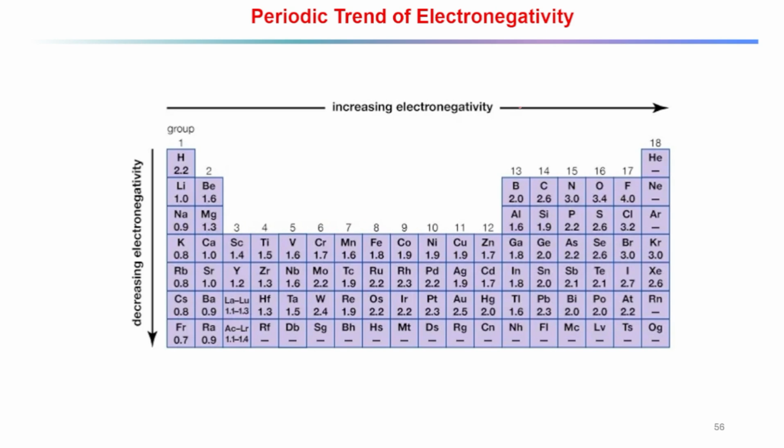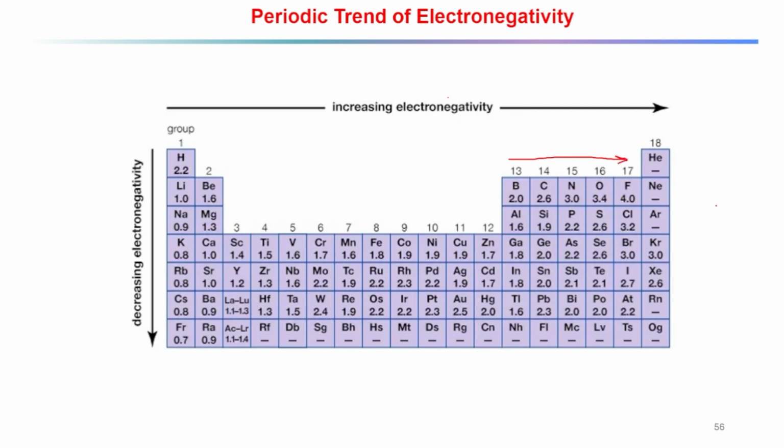Now this periodic table shows the electronegativity values of all the elements. From this data we can see, if we go from left to right, let's take lithium, beryllium, boron, carbon, nitrogen, oxygen, fluorine, the electronegativity value increases.